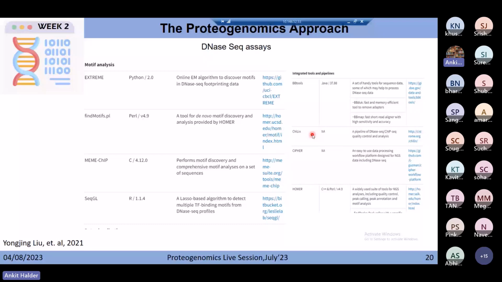These are some of those integrated tools and pipelines which can help you in understanding. This is the whole pipeline with all the steps that we mentioned, without using a separate tool for each kind of step. You can use this kind of integrated tools and pipelines for full analysis.